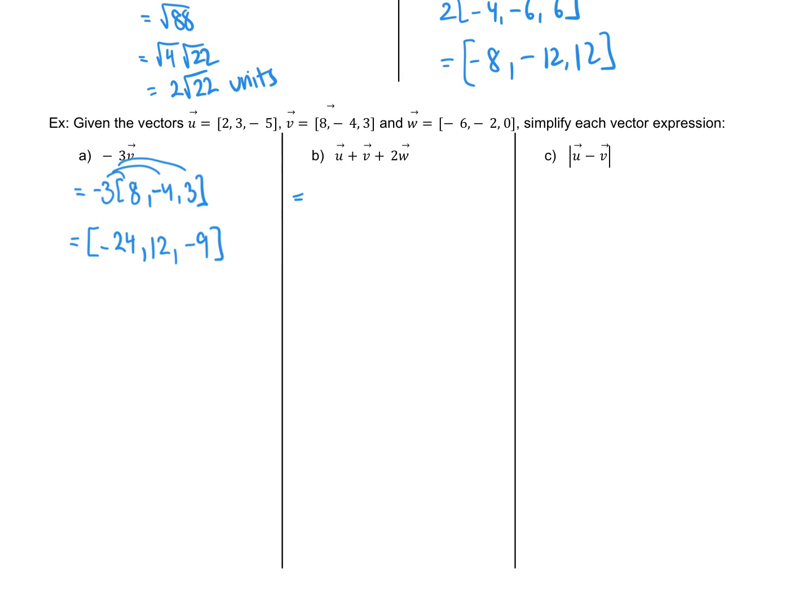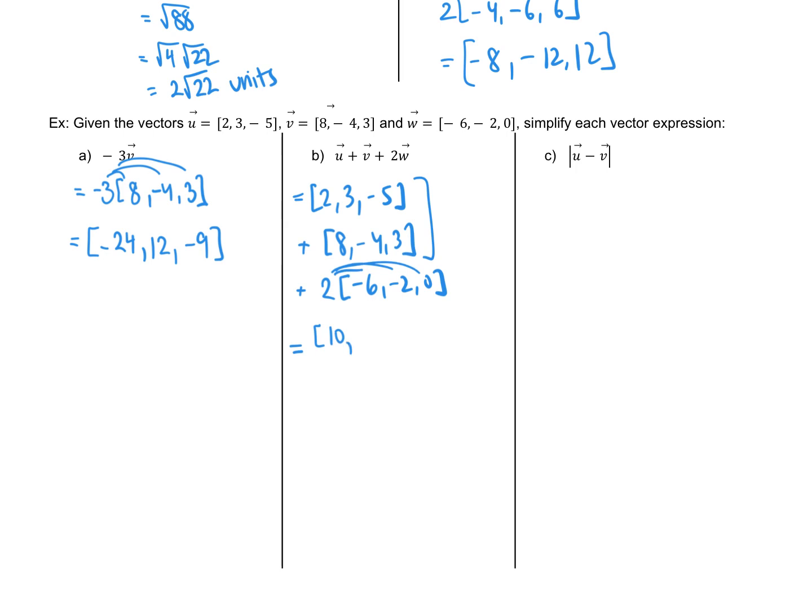Next, we want to do vector u plus vector v plus double vector w. So I'm going to clean up my multiplication, and while I do that, I'll also just add u and v.